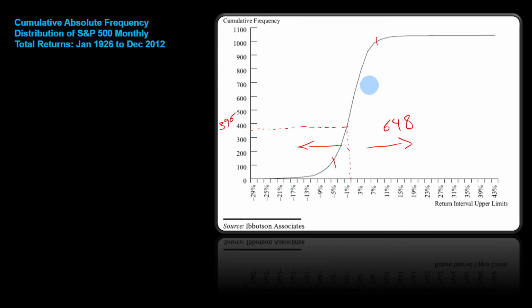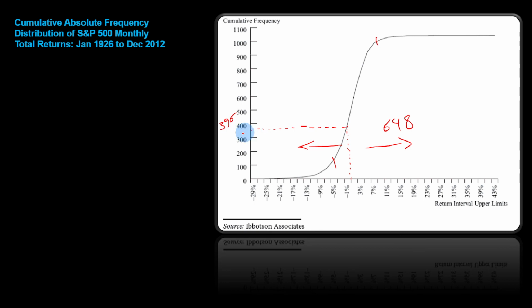One last thing I should mention is that here we have the cumulative absolute frequencies, and sometimes on the vertical line you can have the cumulative relative frequencies. That way you deal with the percentage of the returns, and here we're talking about the cumulative absolute frequency.